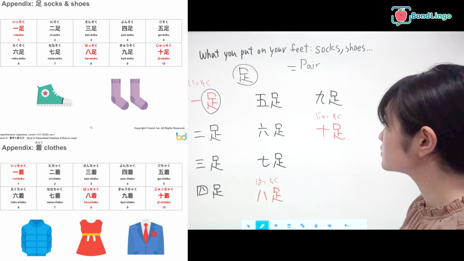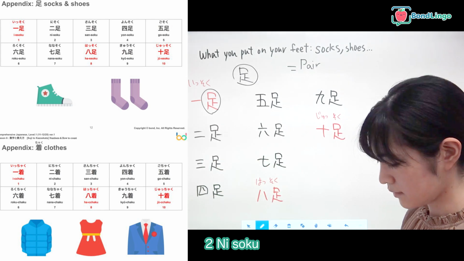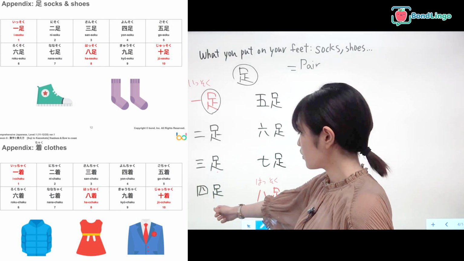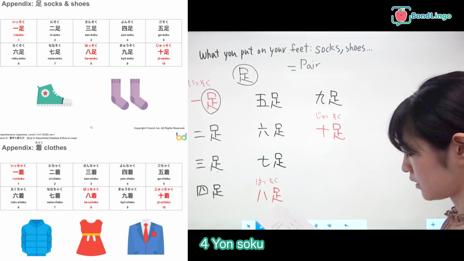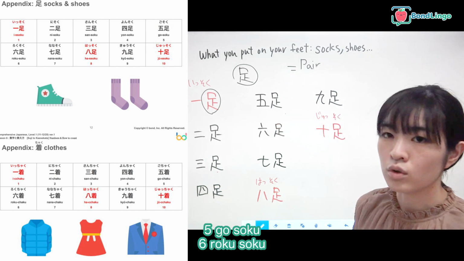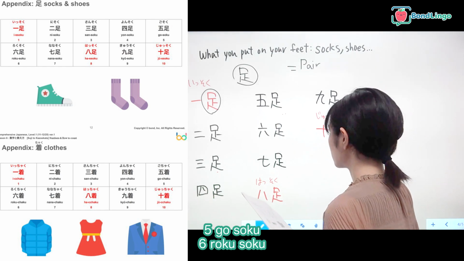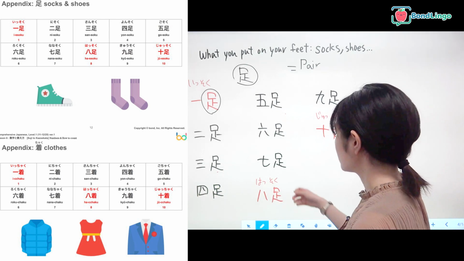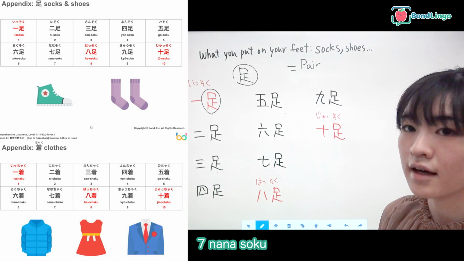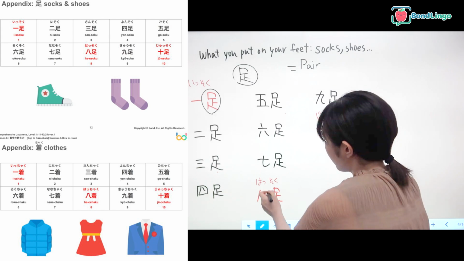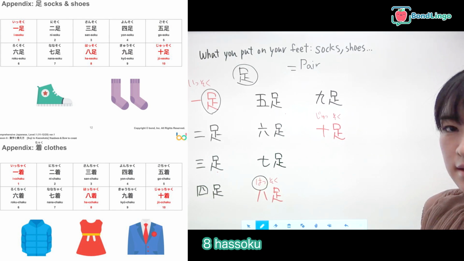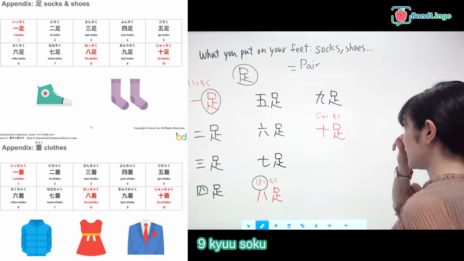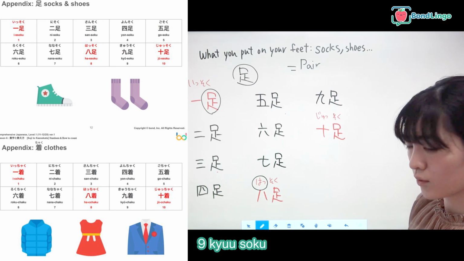一足. 2, 二足. 3, 三足. 4, 四足. 5, 五足. 6, 六足. 7, 七足. 8, 八足. 9, 九足.